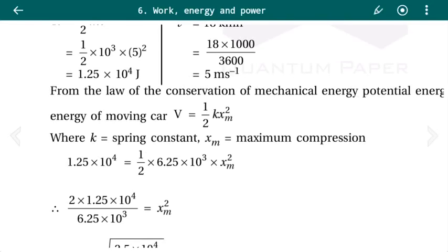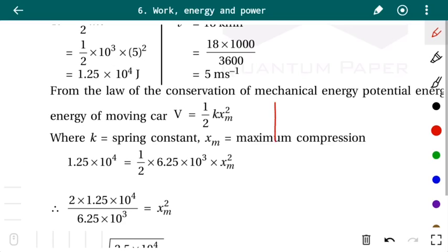So taking half mv square, that is the kinetic energy, equal to the potential energy, because the kinetic energy is totally converted into the potential energy. So we can write kinetic energy equals potential energy. Here K equals V, and K we got as 1.25 into 10 raised to 4 joule, and V is half k xm square.